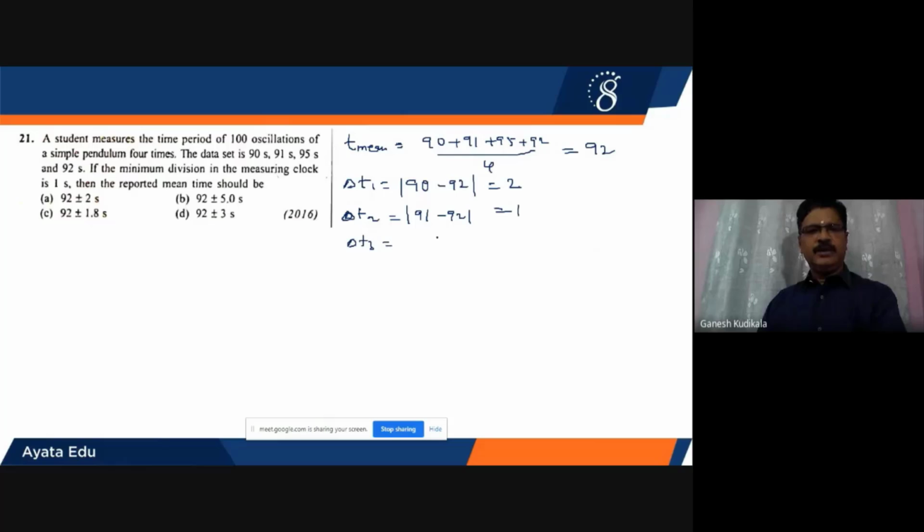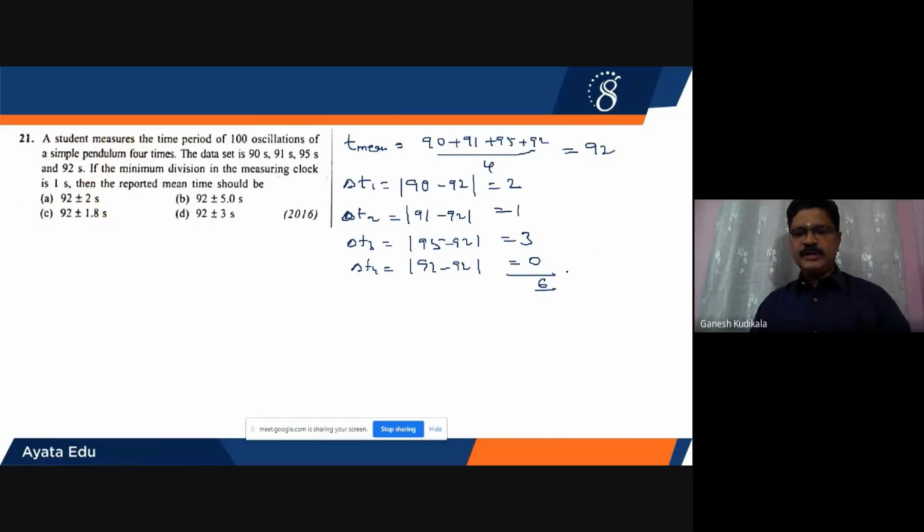Delta T3 is the modulus of 95 minus 92, which is 3. And delta T4 is 92 minus 92, which is 0. The total value is 3, 4, 5, 6.